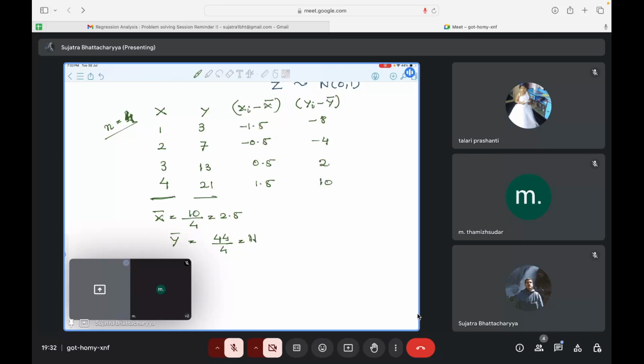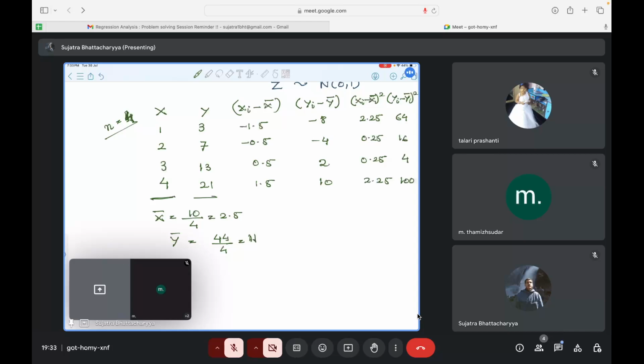Now let us calculate xi minus x bar whole square and yi minus y bar whole square. 1.5 square is 2.25, next 0.25, next 0.25, next 2.25. Here, 64, 4 square is 16, 4 and 100.